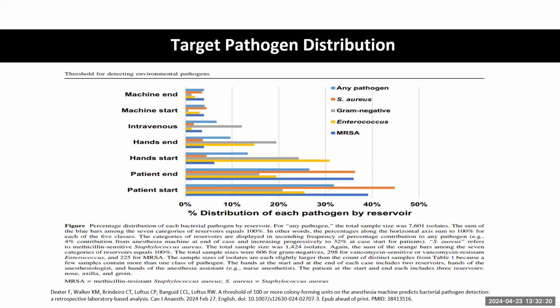And you can see that the anesthesia machine, as well as intravenous catheter devices, provider hands, and patient skin sites are all important. They give us valuable information about the presence of these pathogens. And it's only if they're present that they can move. So understanding when they're present is key information.